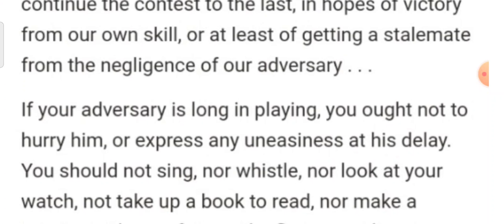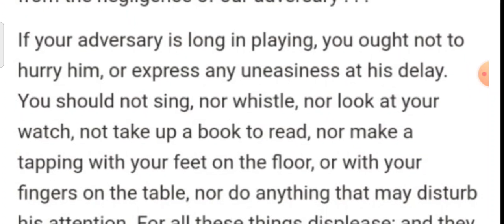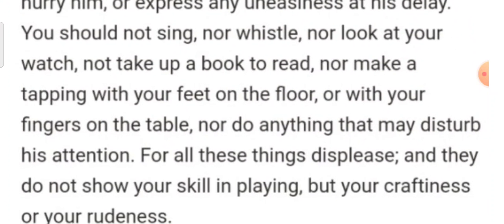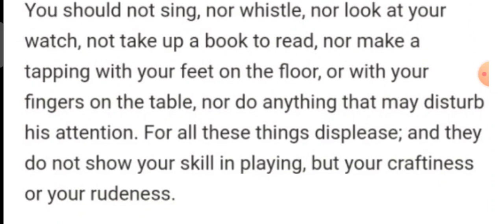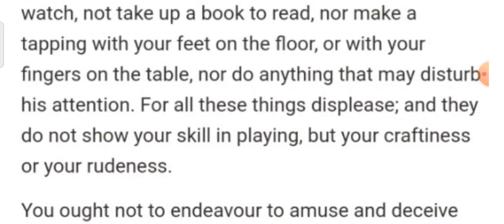If your adversary is long in playing, if he takes a long time, you ought not to hurry him or express any uneasiness at his delay. You should not sing, nor whistle, nor look at your watch, nor take up a book to read, nor make a tapping with your feet on the floor, or with your fingers on the table, nor do anything that may disturb his attention, because he is also on the verge of his game.